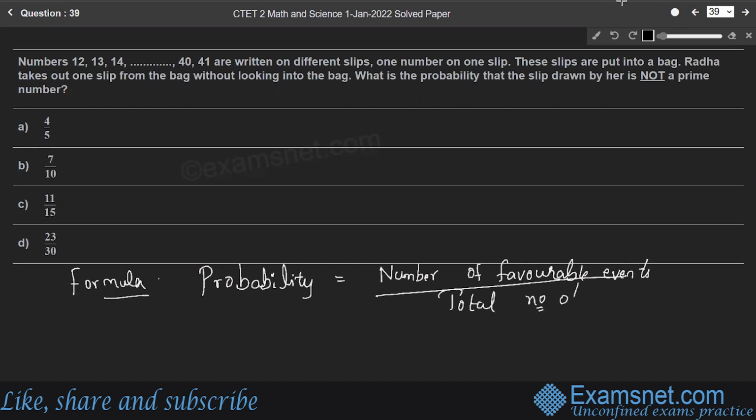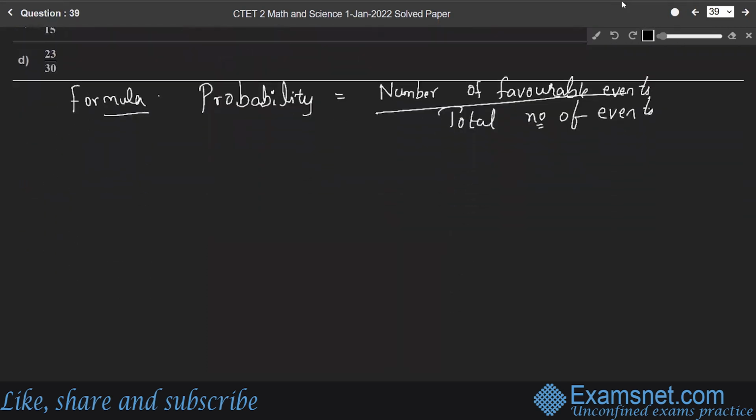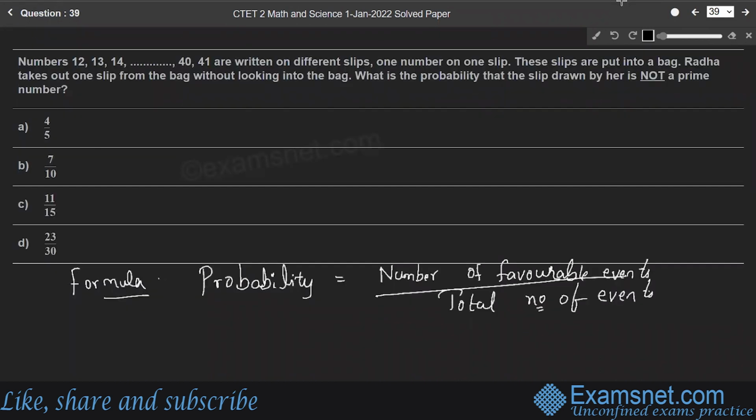So here, total number of events means the numbers from 12 to 41 and number of favorable events means the composite numbers between 12 and 41. Okay. So calculation.